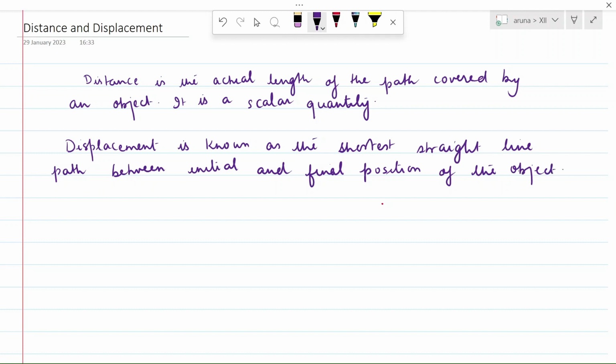Now, since it is pointing from initial to final position, obviously it is a vector quantity.